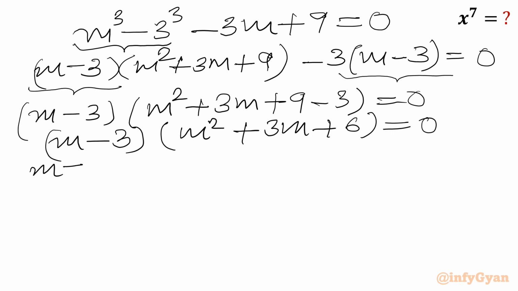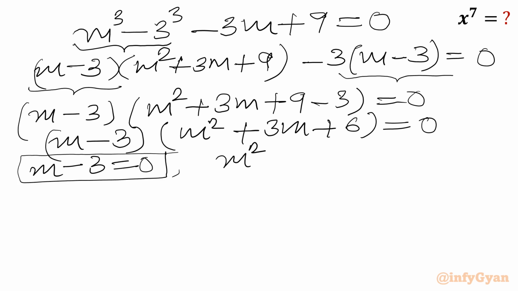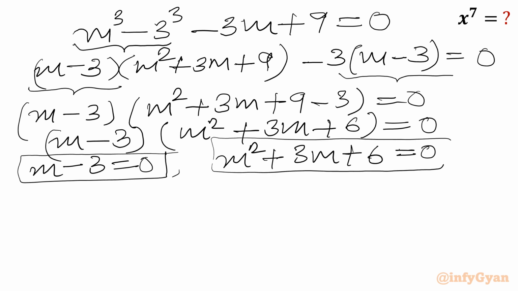So from here we can conclude either m minus 3 will be 0 or this quadratic equation m square plus 3m plus 6 will be 0. For the quadratic, I will check only the discriminant value. So D equal to b square minus 4ac. So I will write 3 square minus 4 times 1 times 6.